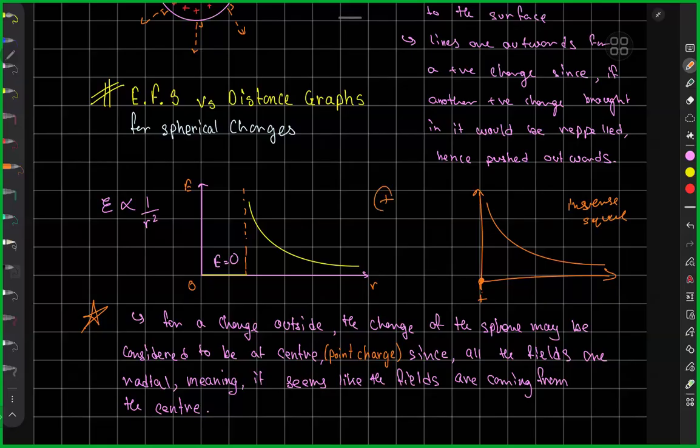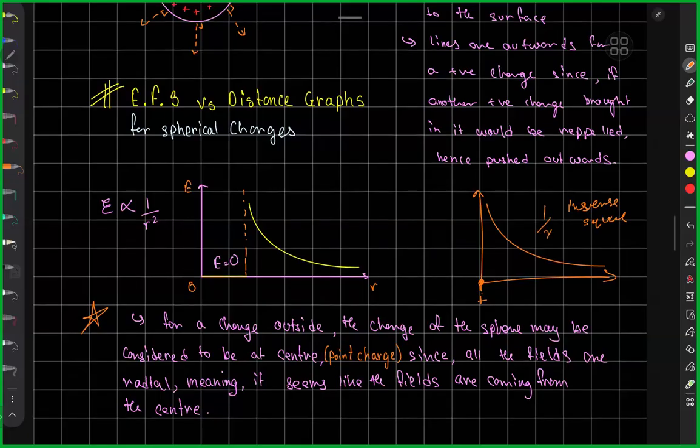Why? Simple. The electric field lines are further apart. So field strength decreases with increasing distance in proportion to the square. That's all right, that we understand, but as mentioned over here, I considered it to be a point charge.